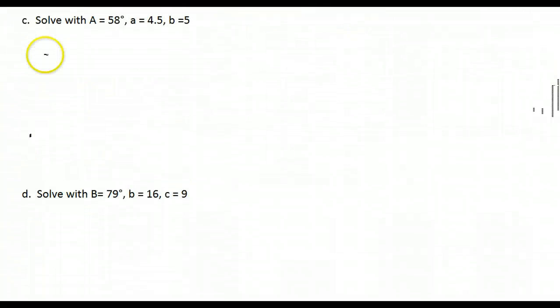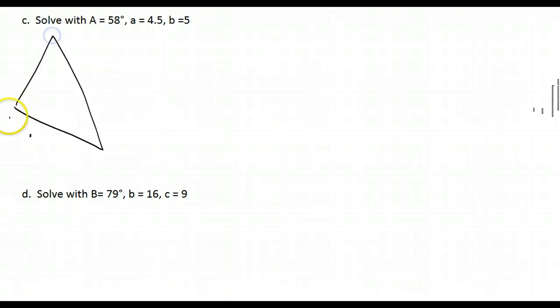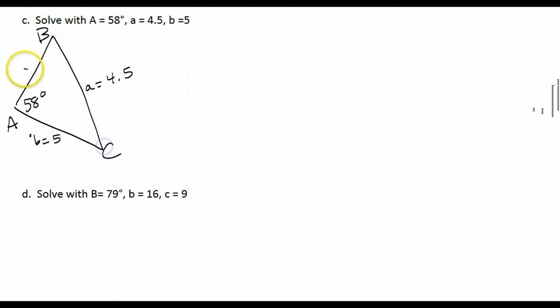All right, once again, set myself up first. A is 58 degrees, side A is 4.5, side B is 5, and that's all I got. So this time I'm going to start by solving for angle B. I know that angle A and side A are across from each other, so then I have angle B over side B. Oops, and I forgot to even write it in.